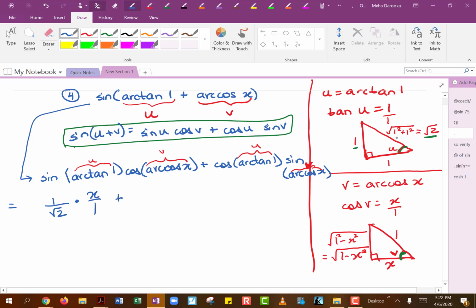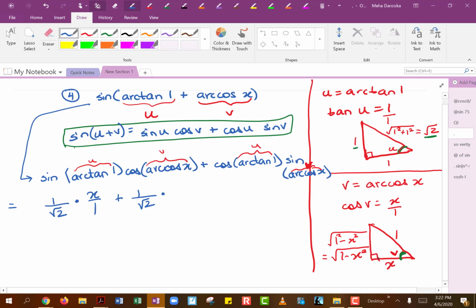Cosine of u, which means the above triangle, would again be adjacent over hypotenuse. And then the sine of arc cosine of x, which is the second triangle, will end up becoming the sine... 1 over x?